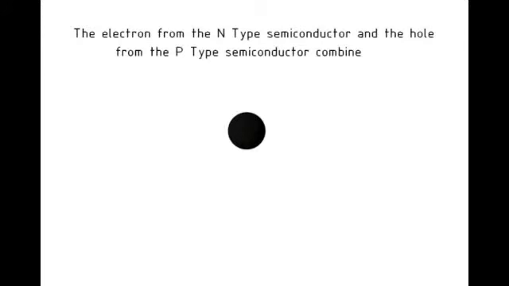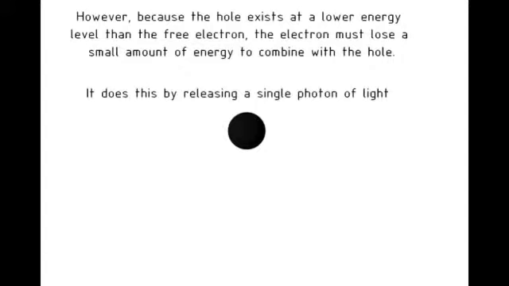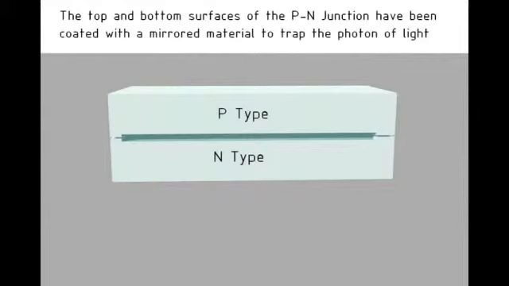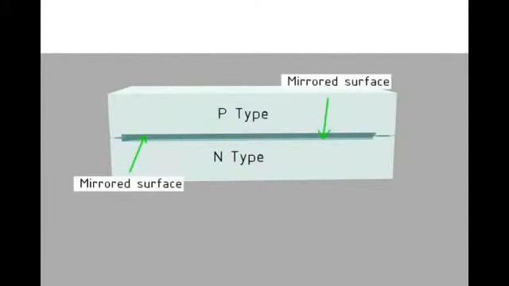The electron from the n-type semiconductor and the hole from the p-type semiconductor combine. However, because the hole exists at a lower energy level than the free electron, the electron must lose a small amount of energy to combine with the hole. It does this by releasing a single photon of light.